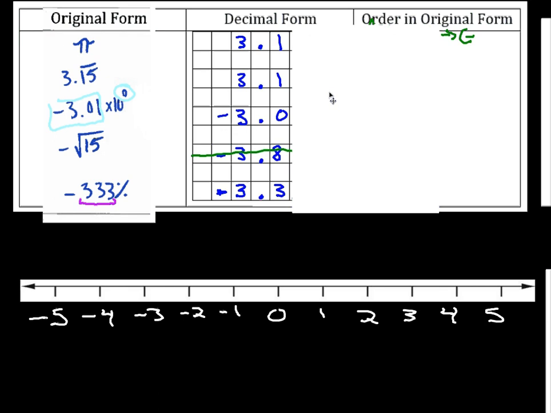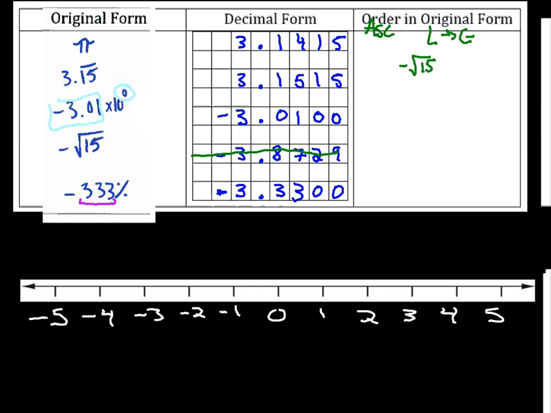Which one's lower? Well, it's going to be that negative 3.3, which is that negative 333%. Cross it out. Again, I can look at those numbers very easily and see, hey, that negative is still there, and so that's going to be my lowest. But we are climbing up that ladder. We're getting to our larger numbers now.